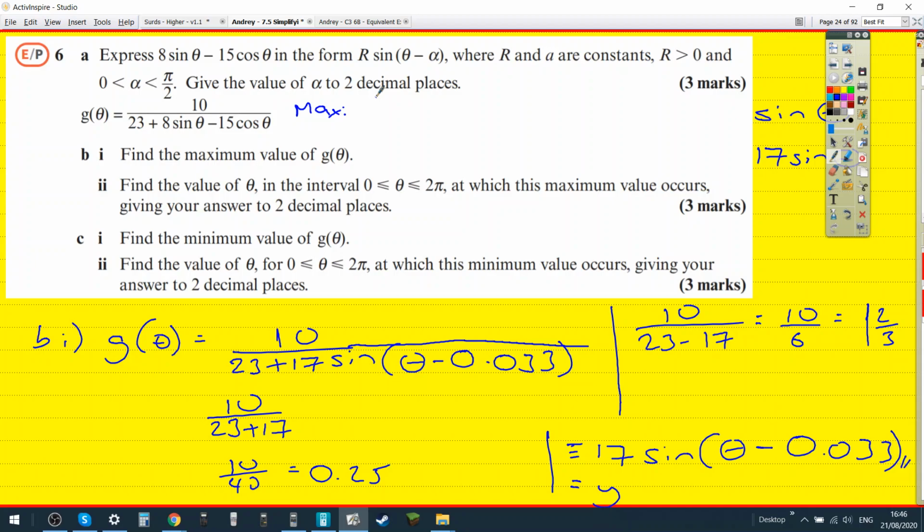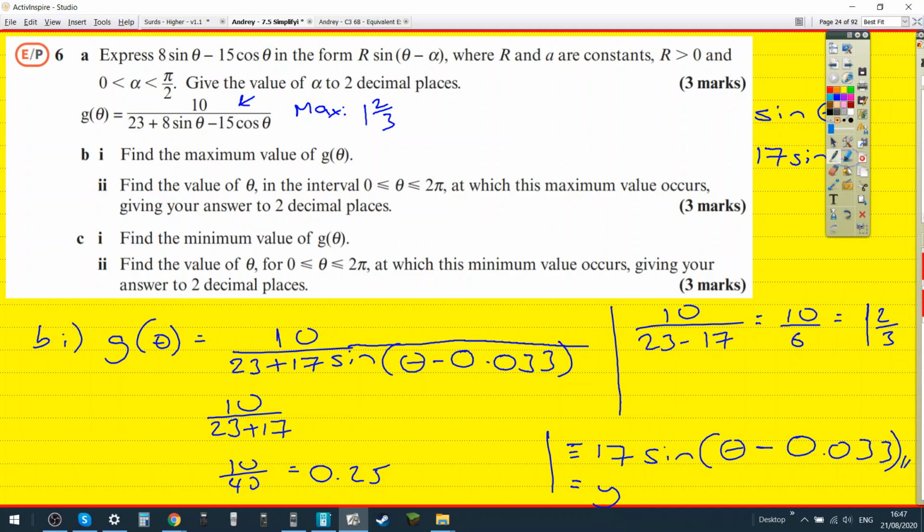So do I need to take the 0.25 minus 17? No. 10 over 23, take away 17. 10 over 6, or 1 2/3. That's the maximum that this thing goes to.